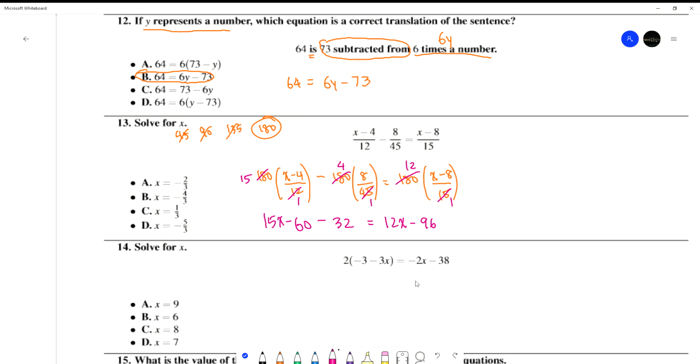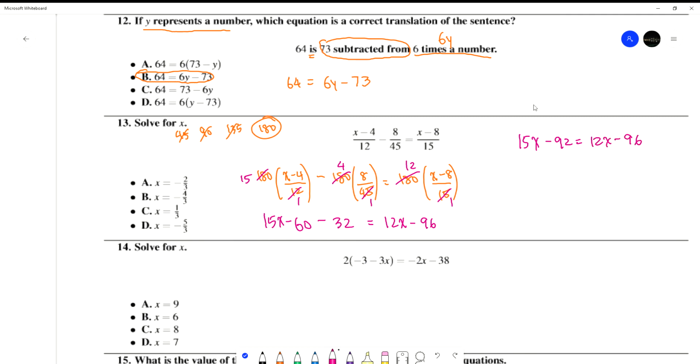So it's a one variable linear equation now. Okay. I'm going to gather my x's on the left hand side. So let me clean this up a little bit for those of you who like to see this as just two terms. 15x minus 92 is equal to 12x minus 96.